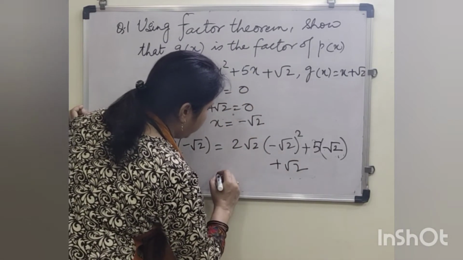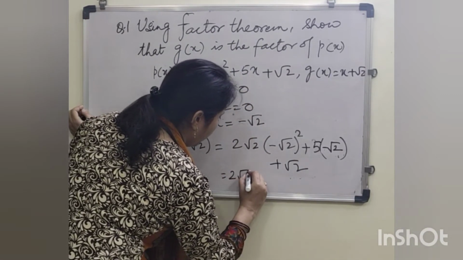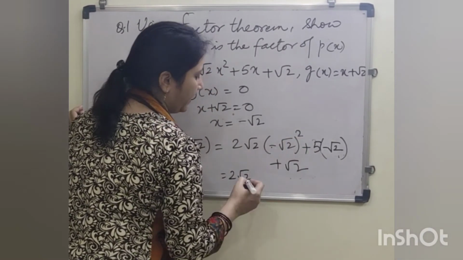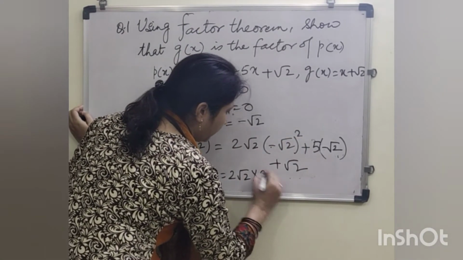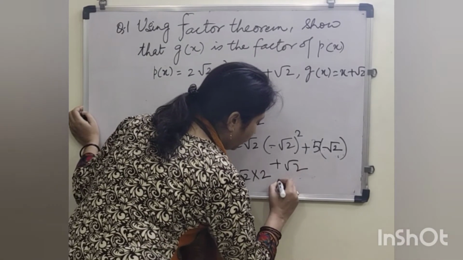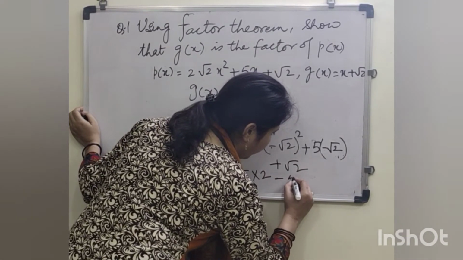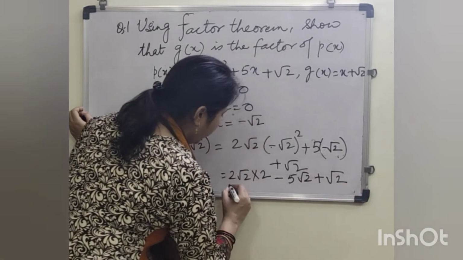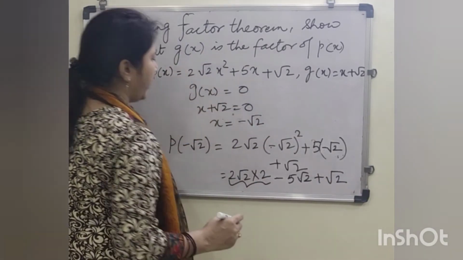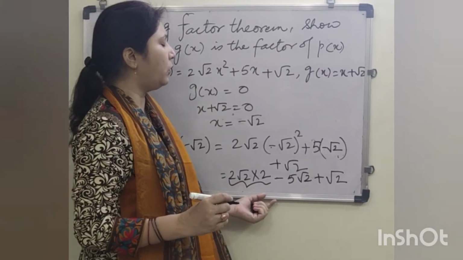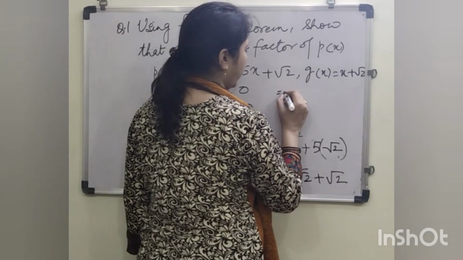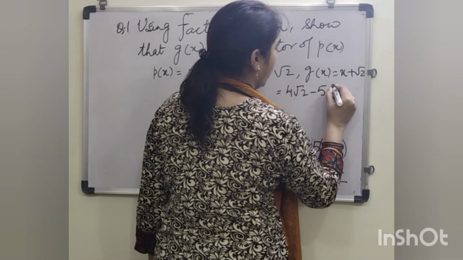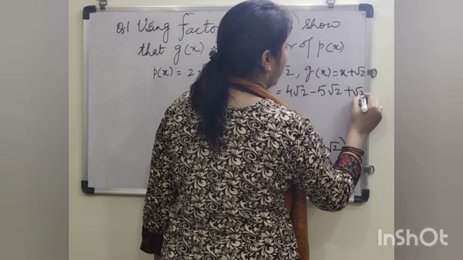Let's solve the expression. 2 root 2, children, minus square is plus and root 2 square is 2. So here we have multiplied by 2, and this would be definitely minus 5 root 2 and plus root 2. If you further simplify 2 root 2 multiplied by 2, you will obtain 4 root 2 minus 5 root 2 plus root 2.